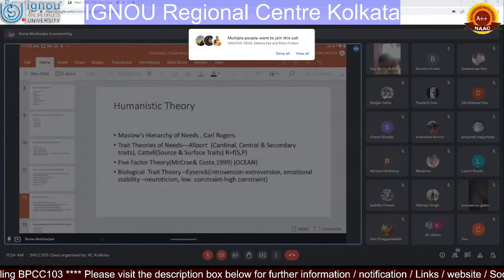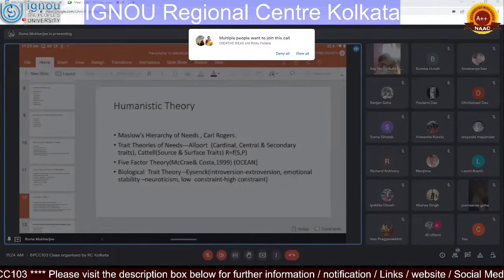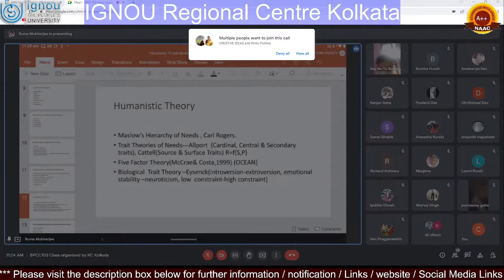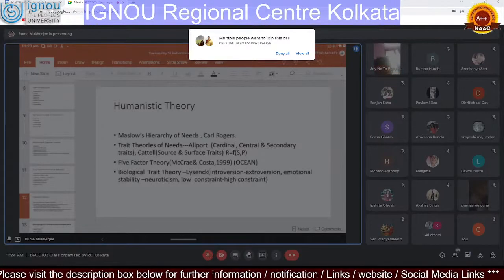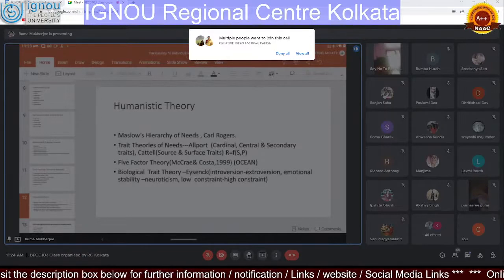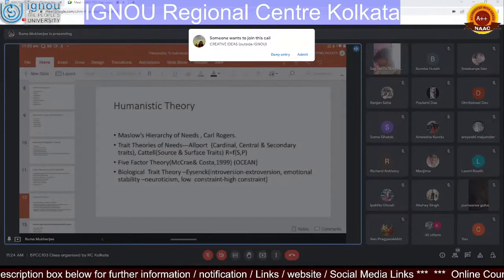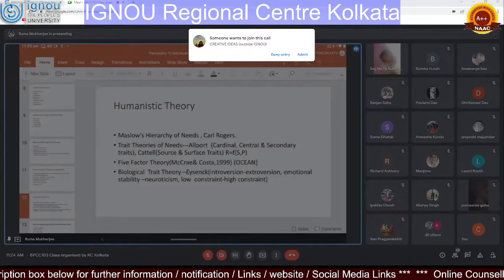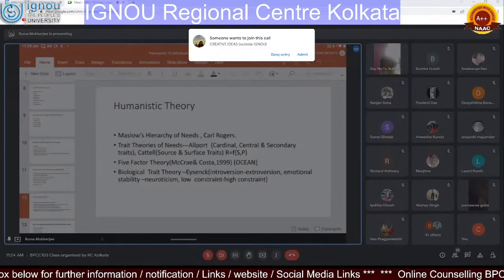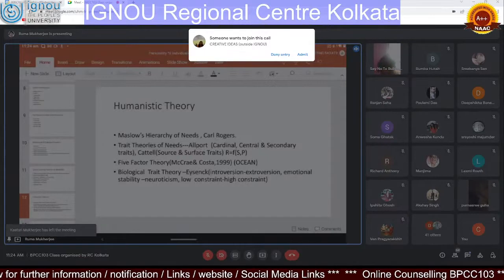Now just see the diagram that you have in the study material, page 27. See, there is an arrow in the upward direction, that is the neurotic, which is the unstable situation of our mind. And see the downward direction, it means the emotionally stable person. And on the left hand side, it is the introversion, and on the right hand side, the extroversion.